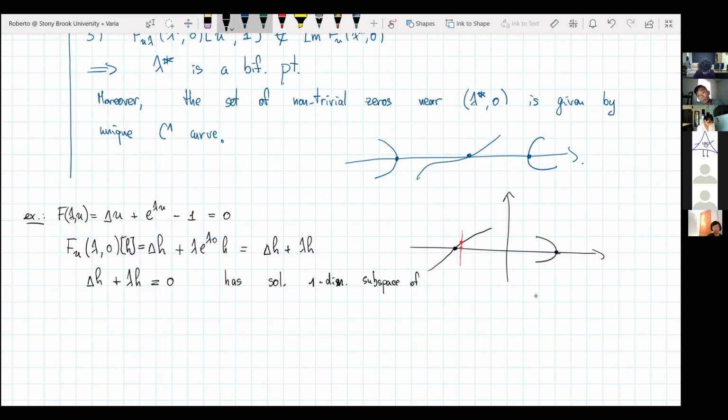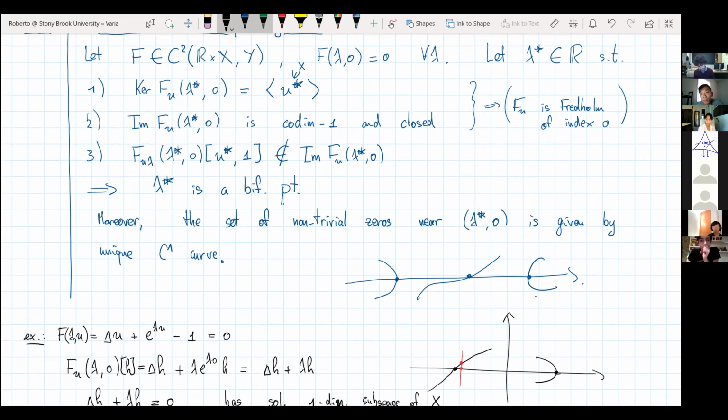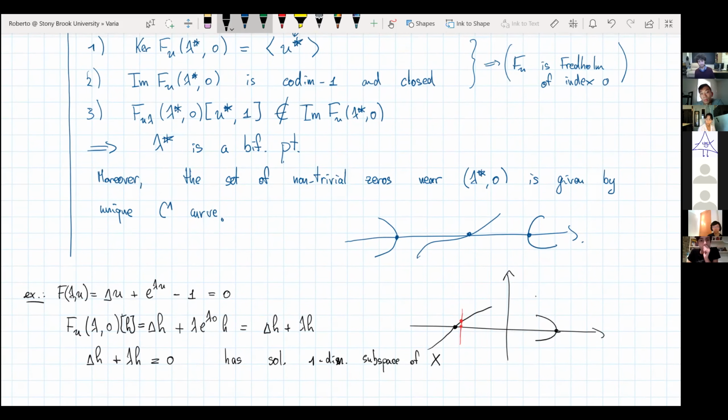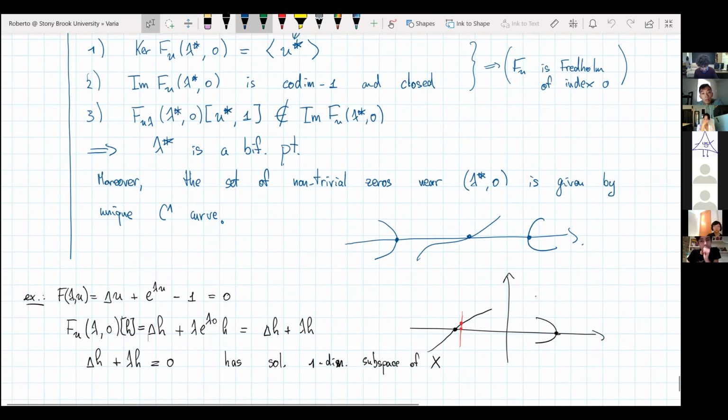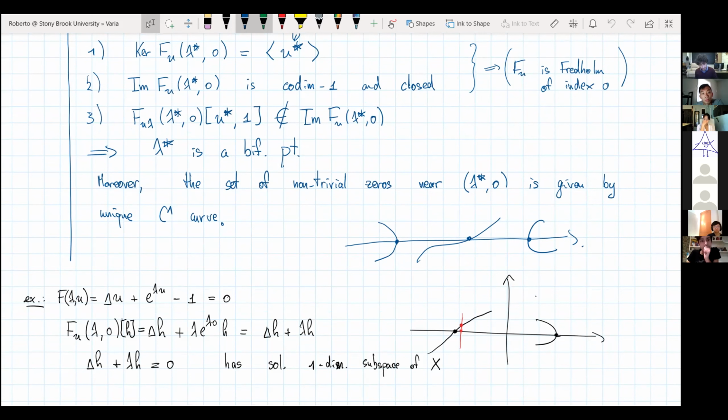of X. If we find this one-dimensional subspace, up to checking the other conditions, which is more work to be done but doable, then, if this equation has some non-trivial solution that is not h equal to 0, you can apply the bifurcation from the simple eigenvalue theorem and find that your original nonlinear equation has a neighborhood of lambda for which you don't have uniqueness of solution.